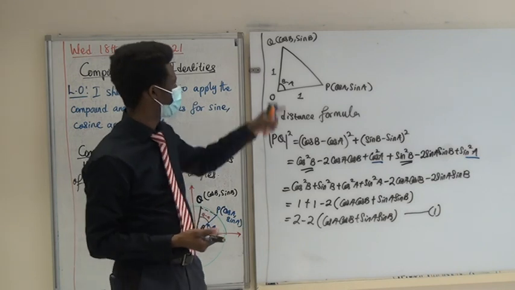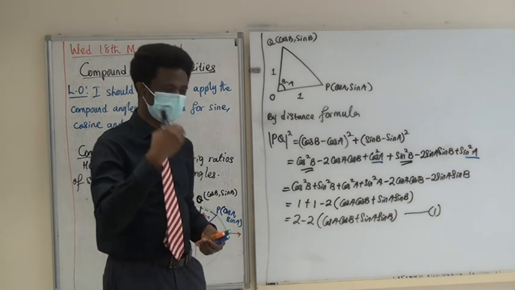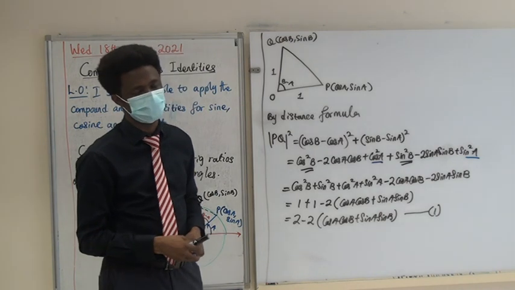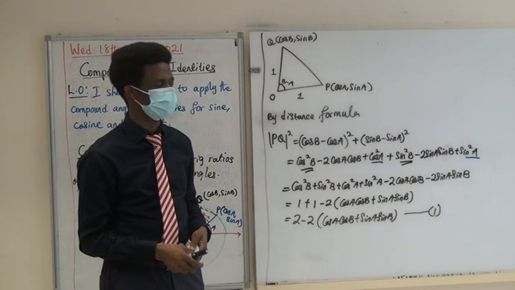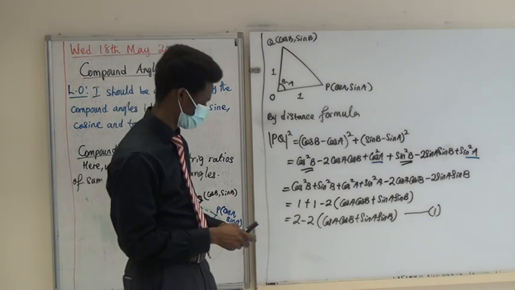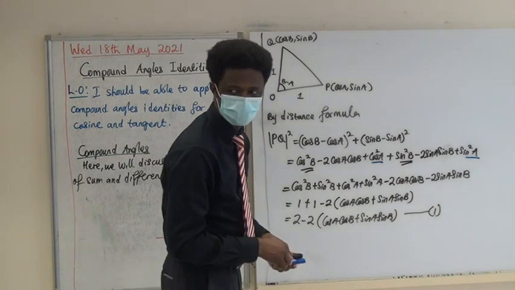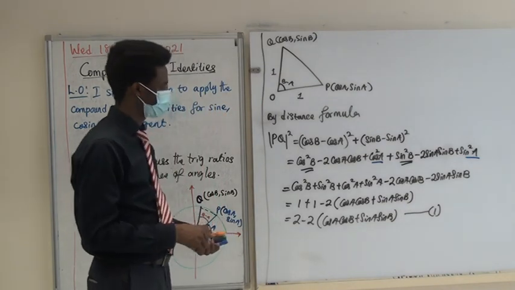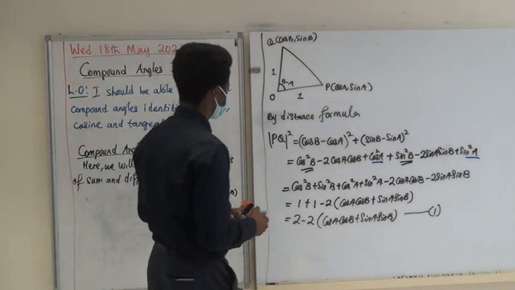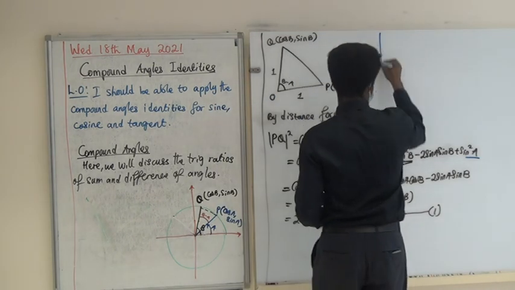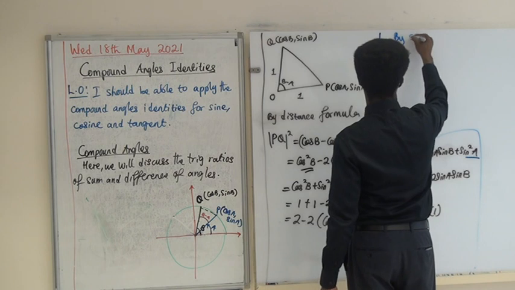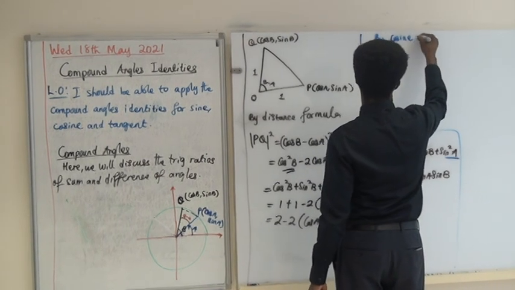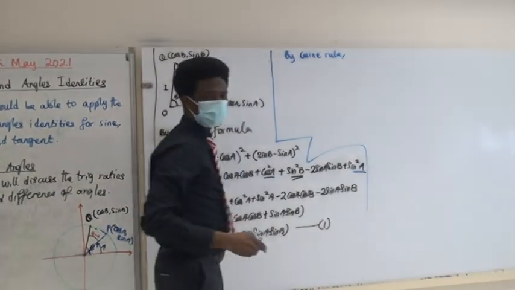So how do we find PQ? There is something you can use directly. Cosine rule. Okay, so let's apply cosine rule. We just did sine rule, so if I had done cosine rule with the class, maybe you would remember.